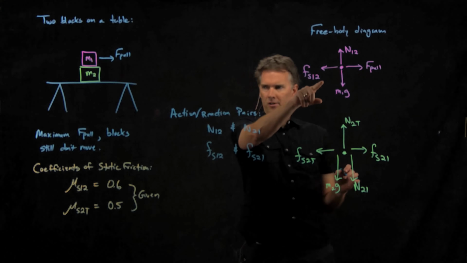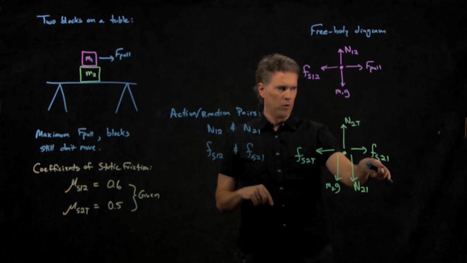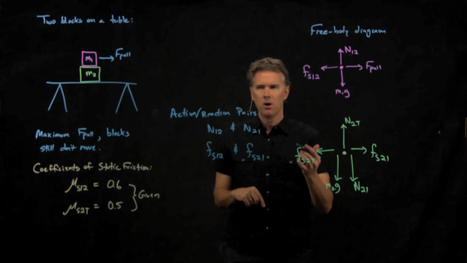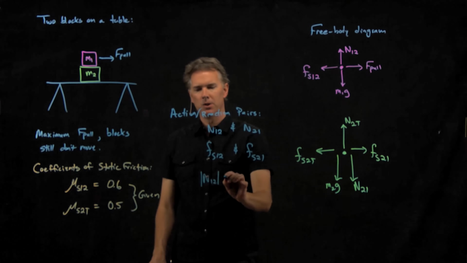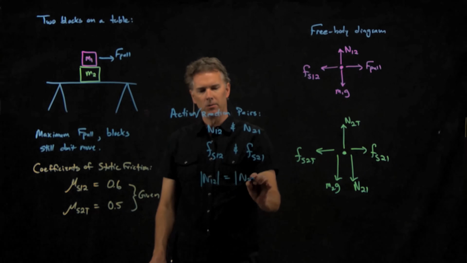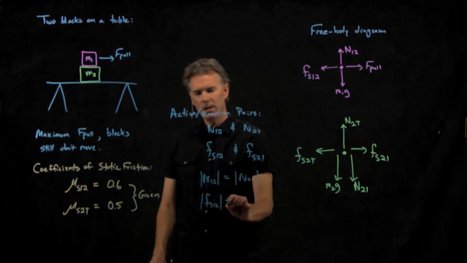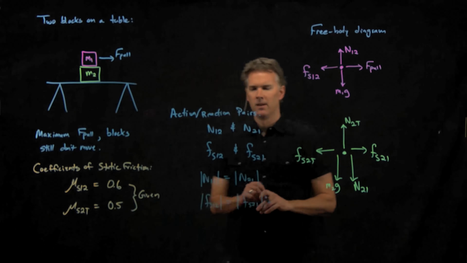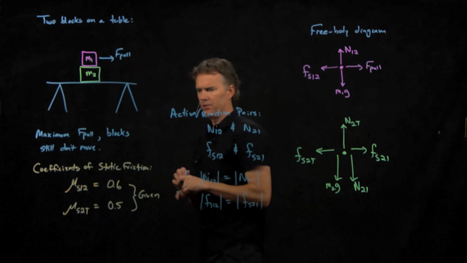The frictional force here is exactly equal and opposite to the frictional force there. Okay? And we know that those magnitudes are equal. Magnitude of N12 equals the magnitude of N21. Magnitude of FS12 equals the magnitude of FS21. These are the action-reaction pairs that we're talking about in this chapter.